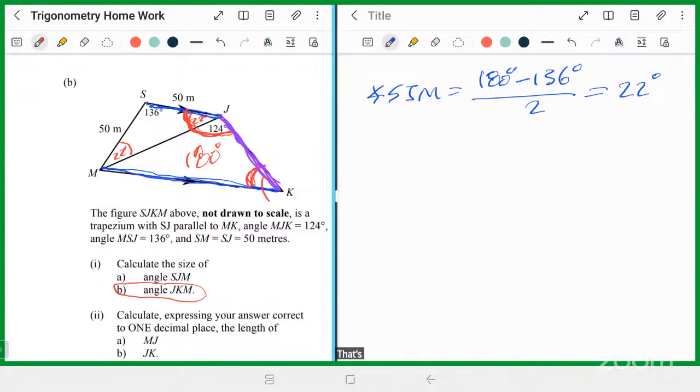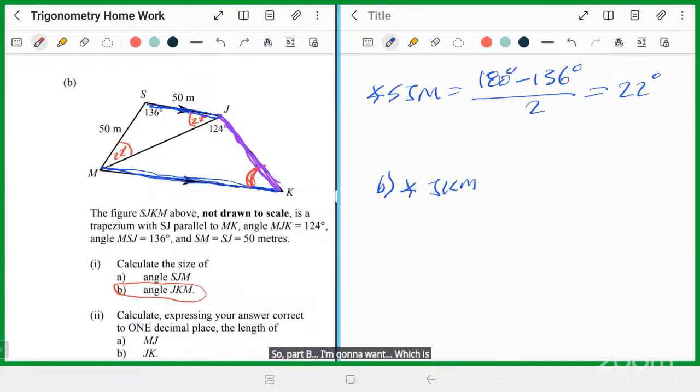That's how we can find this one that we want. Because 180 minus the sum of these two, because this angle up here, across here, is the sum of 22 and 122. So part B, the angle that I want, which is JKM, becomes 180 degrees minus the sum of these two, which is 146.